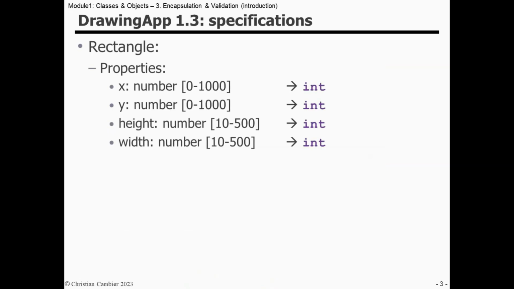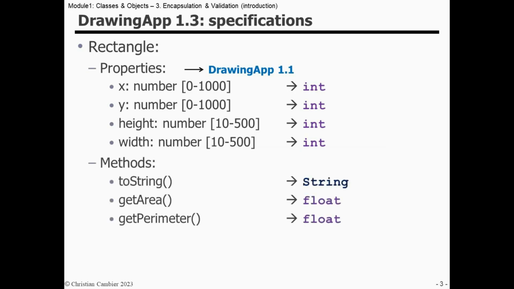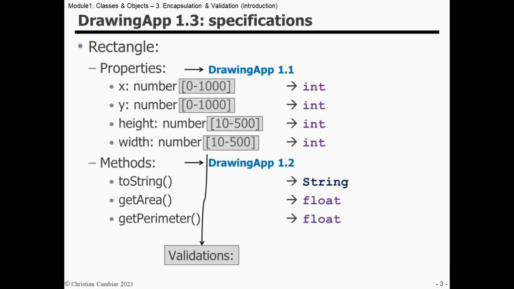Looking at the DrawingApp specifications that we have stated in the Getting Started video. So far we have implemented the properties or instance member variables for the rectangle class in version 1.1. We added instance methods in version 1.2, and now in order to solve the invalid data problem we'll implement encapsulation and validation in DrawingApp 1.3.